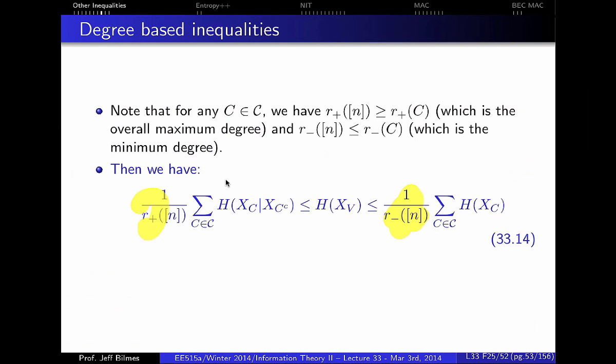Similarly, on the right-hand side, it's really a lower bound. We're substituting everything with a lower bound, which makes every one of the terms an upper bound, and then we pull it out of the sum. On the left-hand side, we do the opposite.